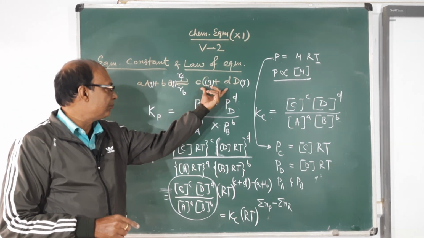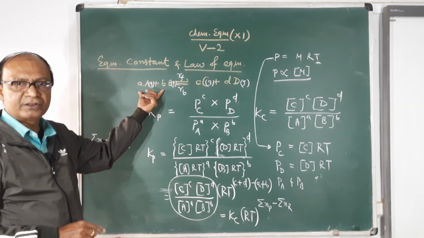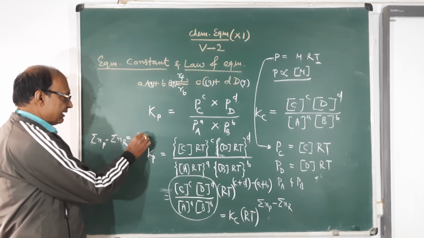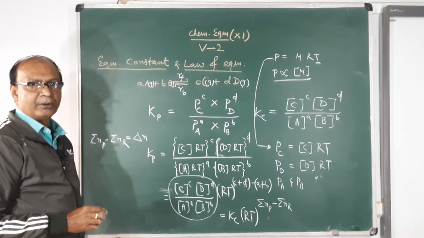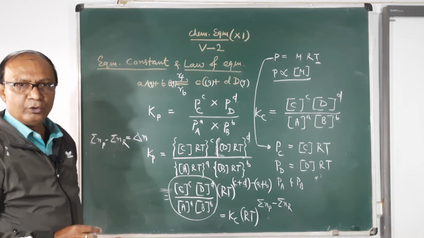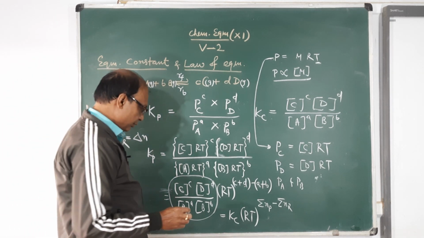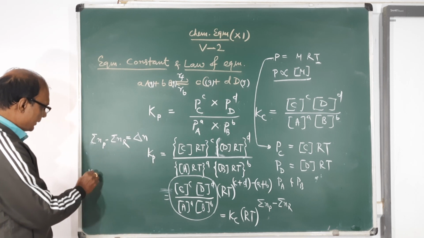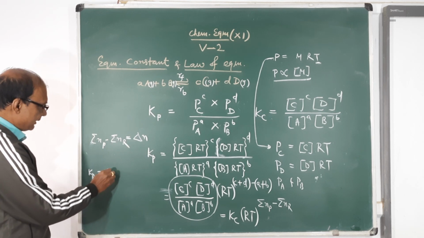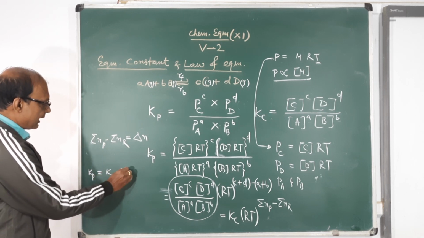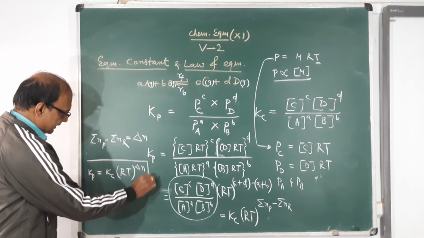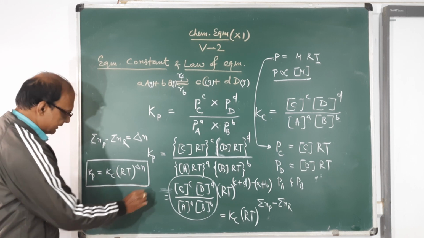Final minus initial number of moles is called delta n. Therefore, the final expression is Kp equals Kc into RT to the power delta n. This is the final expression between Kp and Kc.